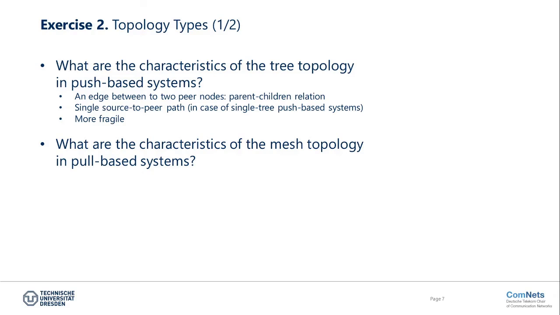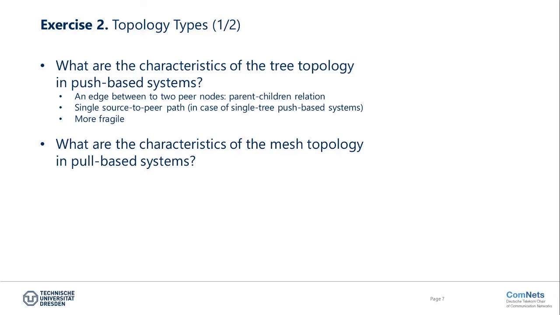And as soon as the parent node receives the video packet, the parent node will forward the video packet immediately to the child node. And a larger system of multiple peers will consist of multiple parent node child node pairs.